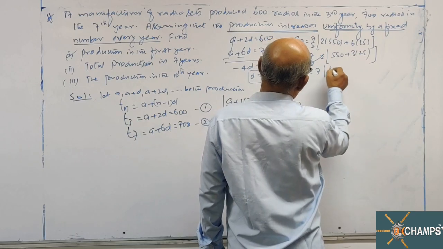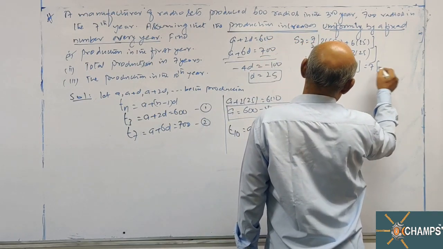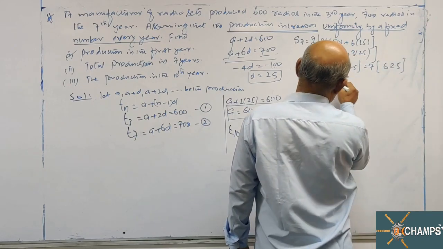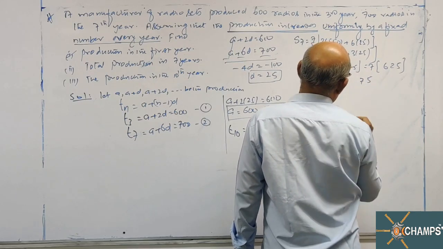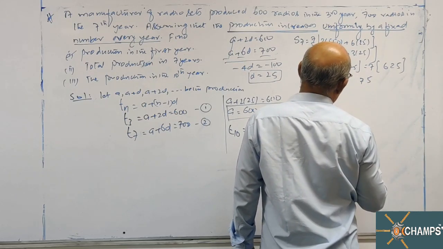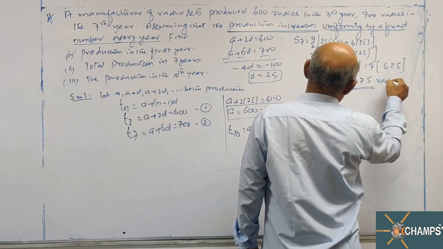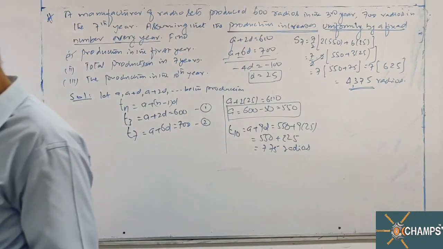Cancel. 7 into 550 plus 75. 7 into 625. 4375 radios.